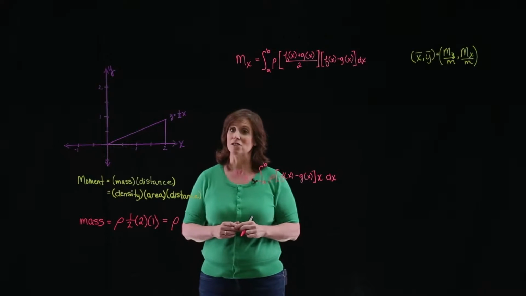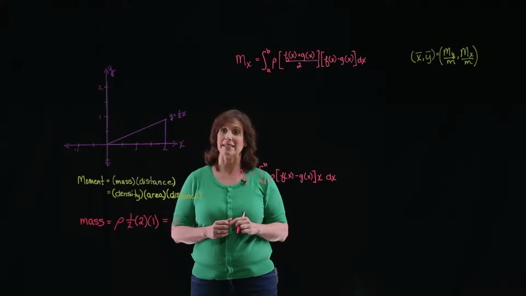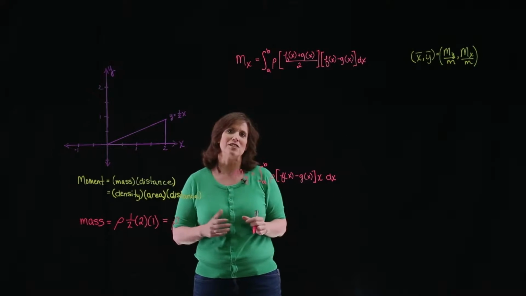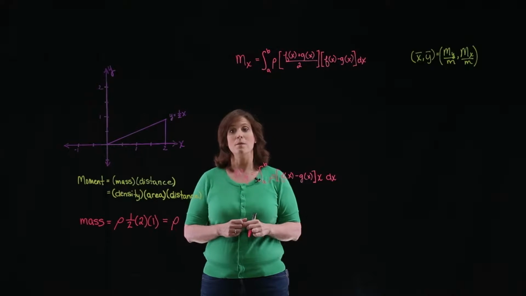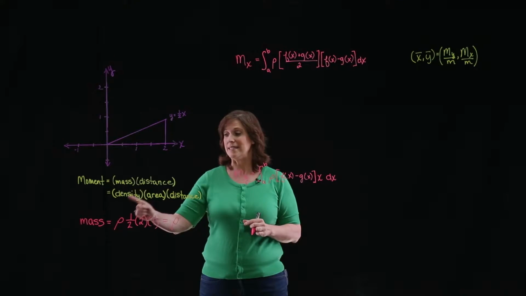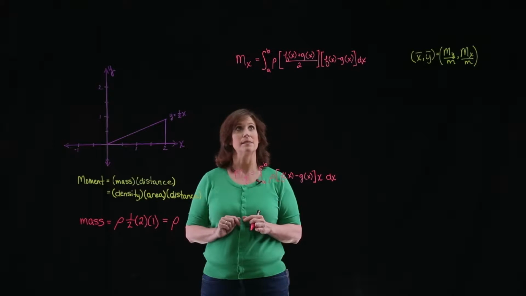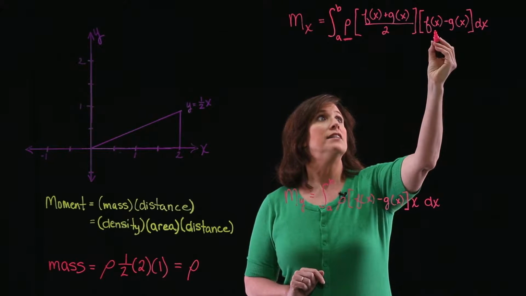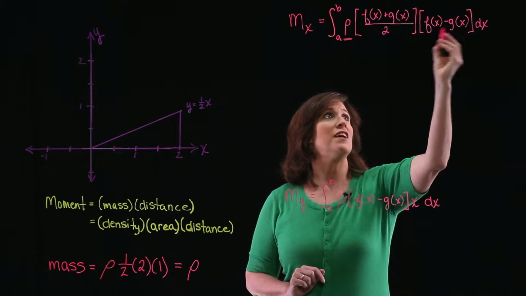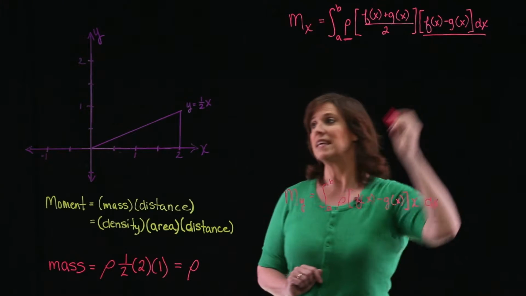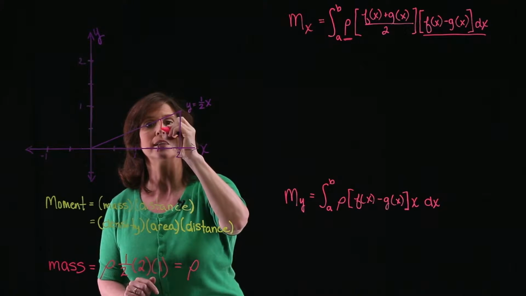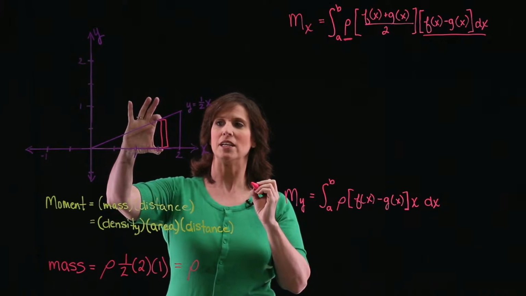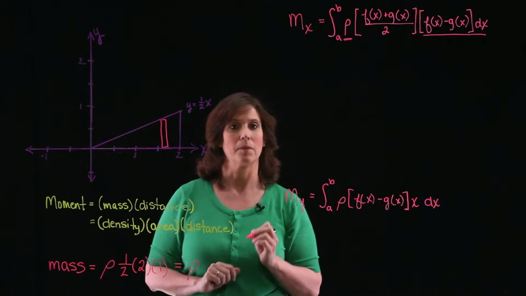Okay, now I'm going to get started on my moment about the x-axis. I have the formula written up here for the moment, but let's make sure I understand where that formula comes from. Remember that the moment is the density times the area times the distance. Well, rho is the density, and f of x minus g of x, dx, is the area of a little representative element, because that will be the change in the height times the change in the width.